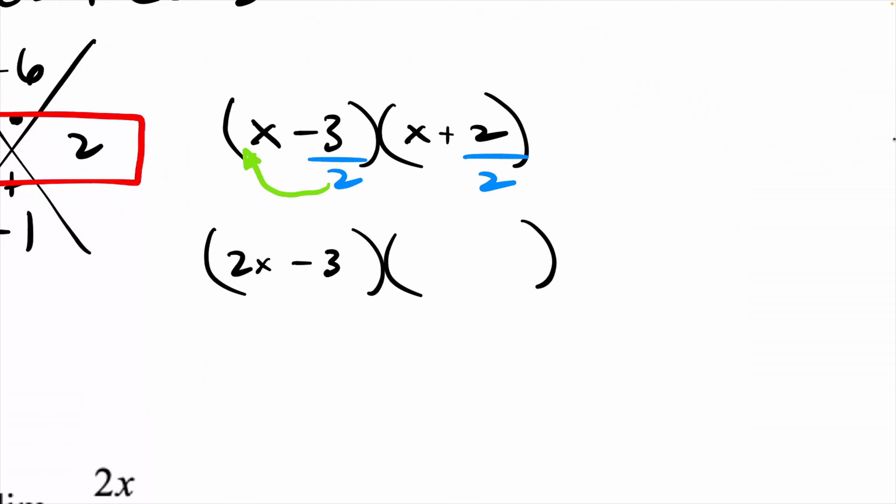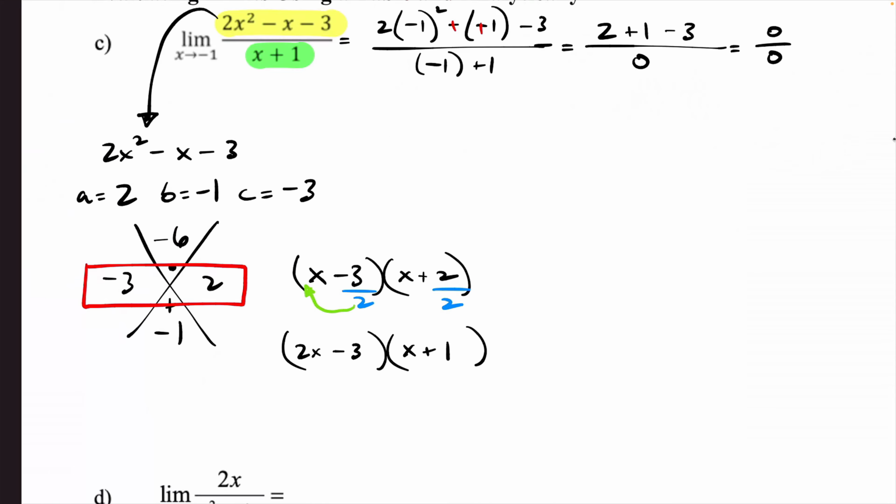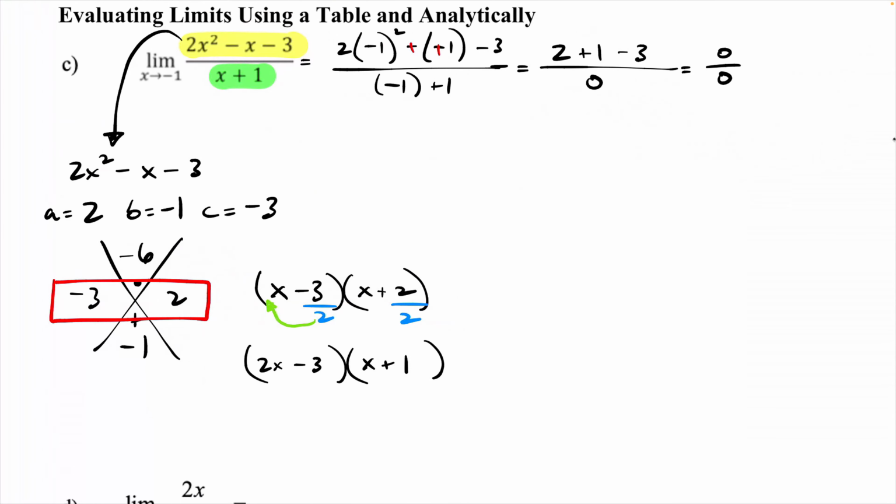This one will divide evenly, right? What is 2 divided by 2? +1, right? So the yellow factored to make this. Both yellows are exactly the same thing. One is just factored and one isn't.